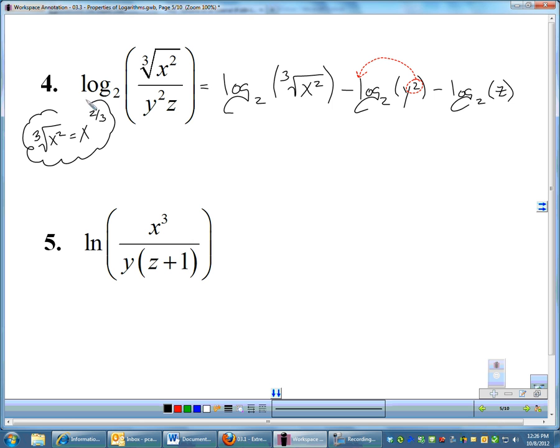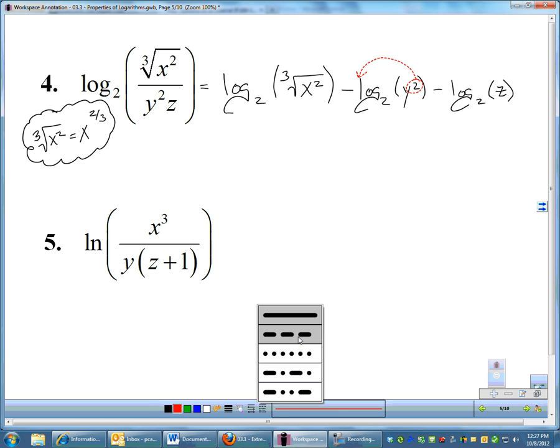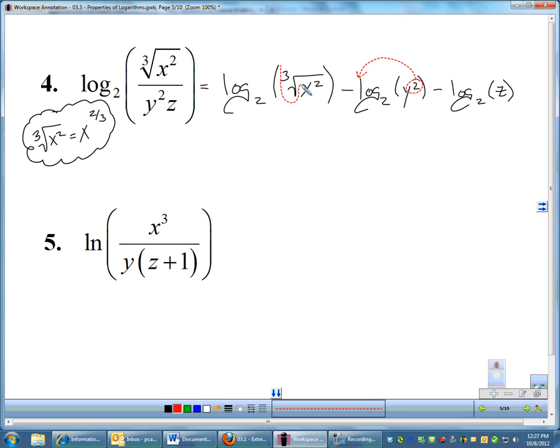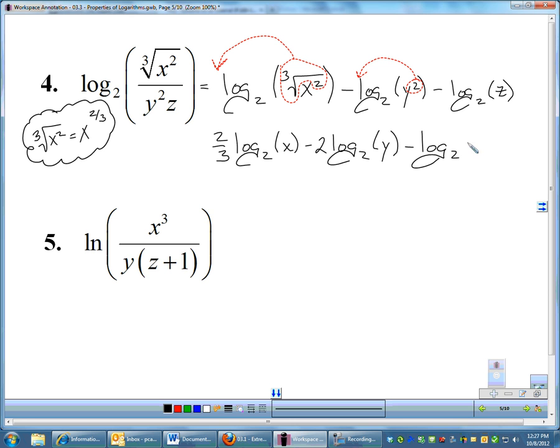So the cubed root of x squared is the same thing as x to the 2/3, which means I'm going to grab all of this, that's kind of like my exponent, and I'm going to move it down front as 2/3, because that was the exponent, log base 2 of x, minus 2 log base 2 of y, minus log base 2 of z.